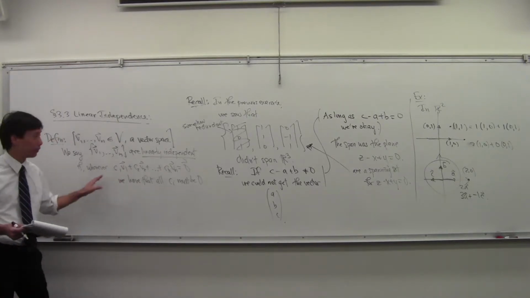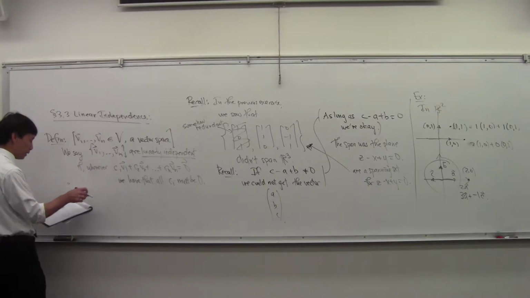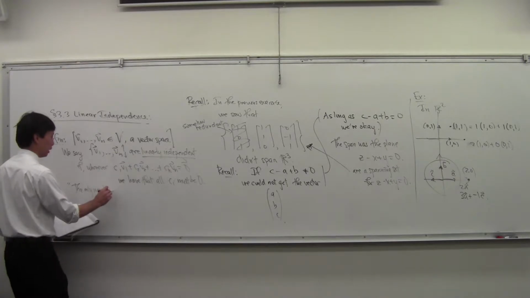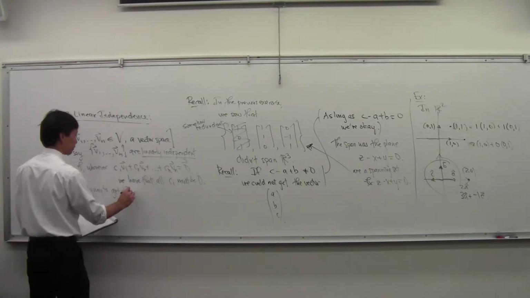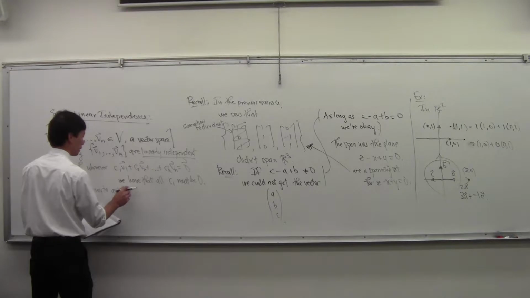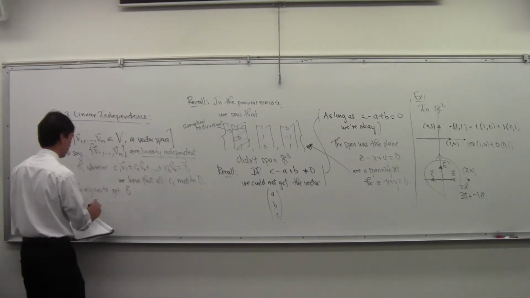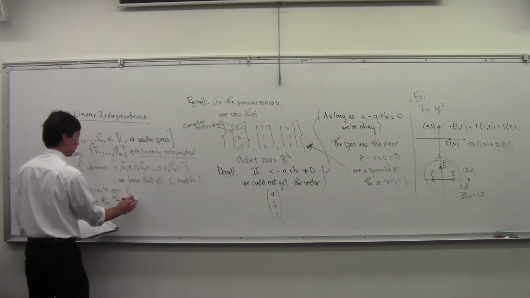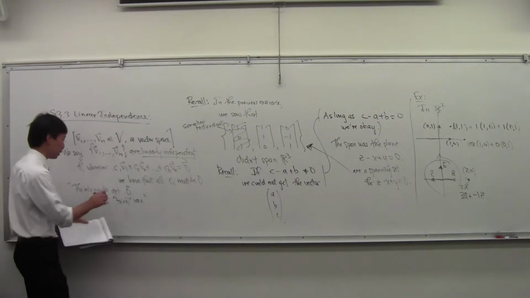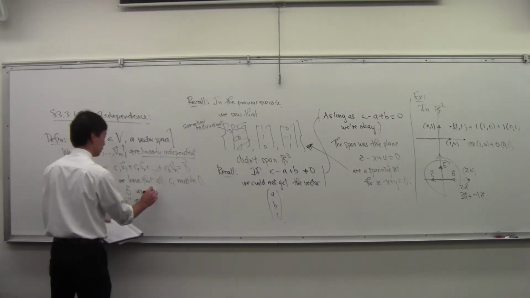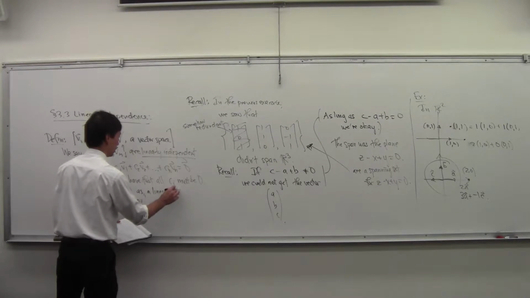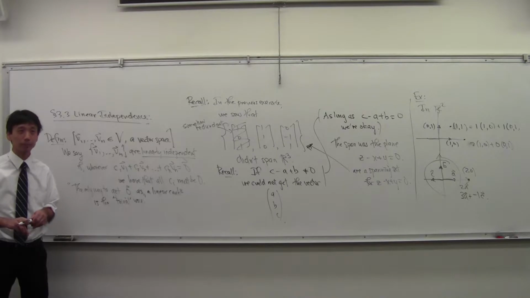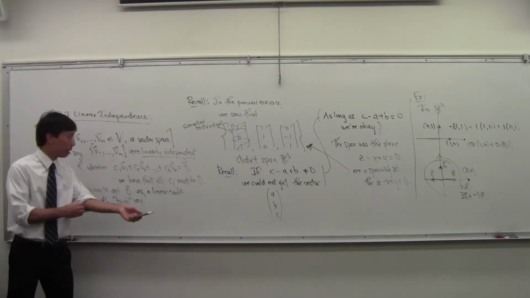This is kind of a peculiar definition, but maybe one way to rephrase it is that the only way to get the zero vector is the trivial way. The only way to get zero as a linear combination is the trivial way.